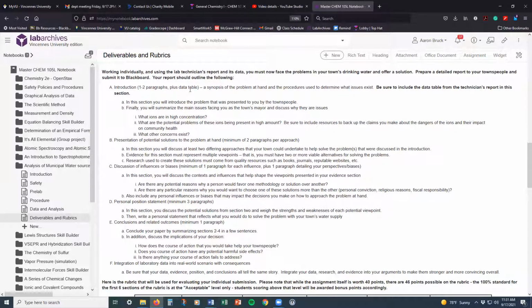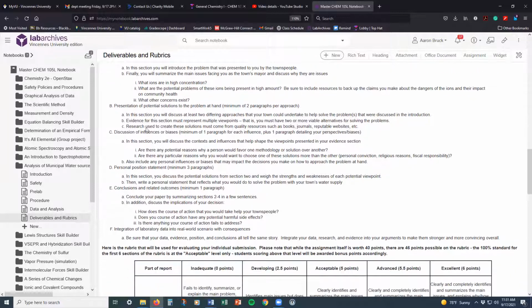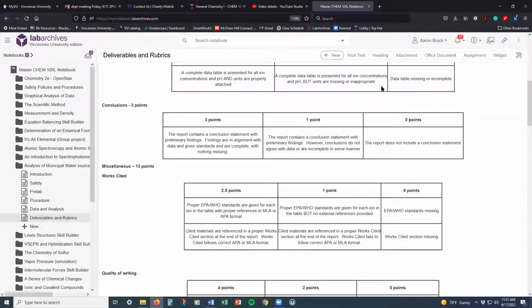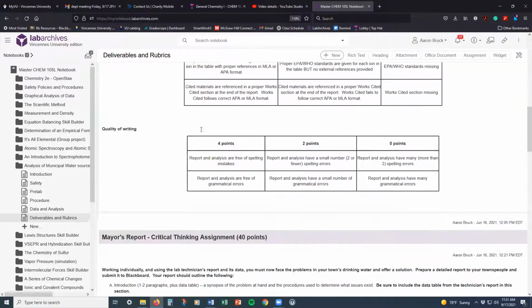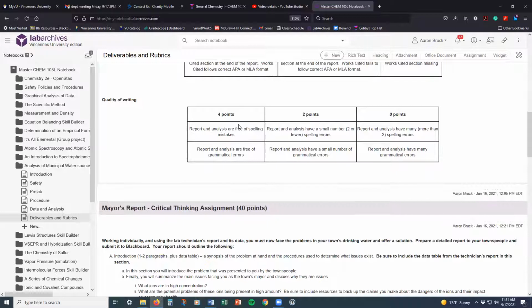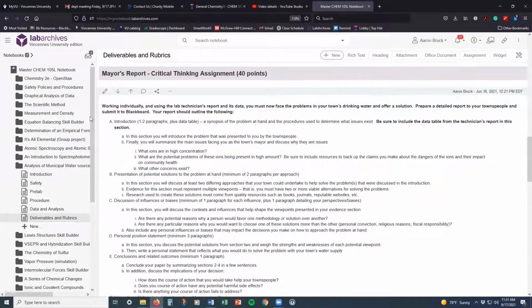There's a section where you introduce the problem, you detail what problems there are, what issues exist, why they exist. Here's where, again, you're going to throw in that data table from the technician's report. Kind of summarize the analysis of that. So if you did a good job with the technician's report, you can kind of pull the last 2 sections from that report, and that becomes your introduction to the mayor's report.